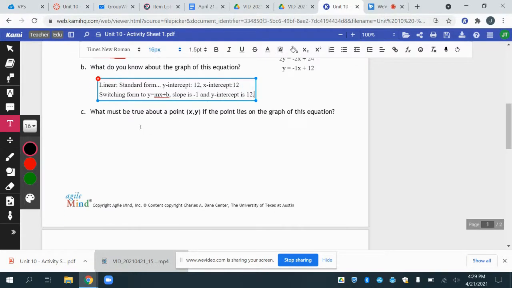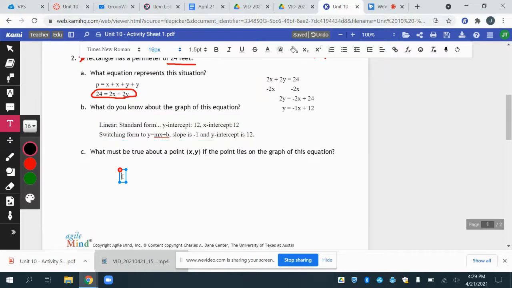So we know how to graph it. What must be true about any point x, y that's in here? Well, technically, x and y will add up to make 12. Why? Because if I double them, they make 24, right? But any x plus y will make 12 because 2 x's and 2 y's makes 24, right?